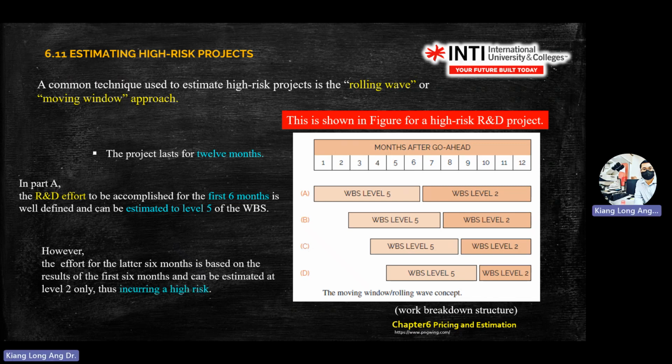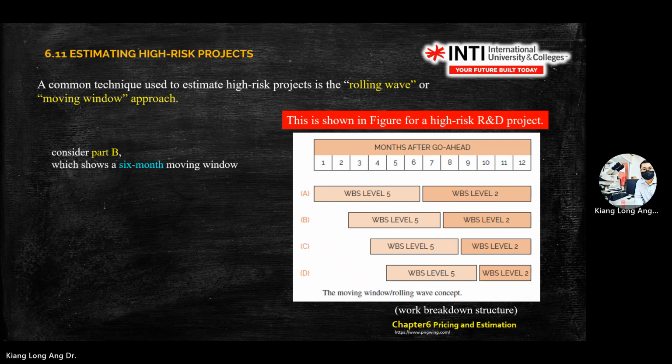But after month number 6, based on the first 6 months, it is estimated at level 2, because of the high risk here. So the work done in level 5 is from the first month until 6 months. Then it passes to level 2. So the first scenario is the R&D scenario: level 5 works for 6 months and then they pass to level 2.